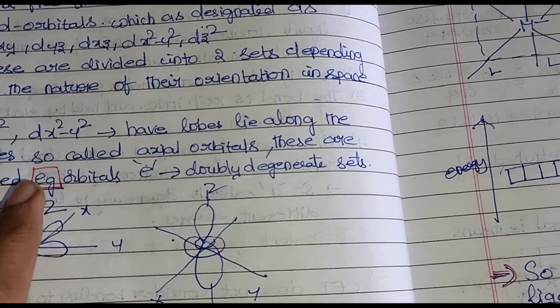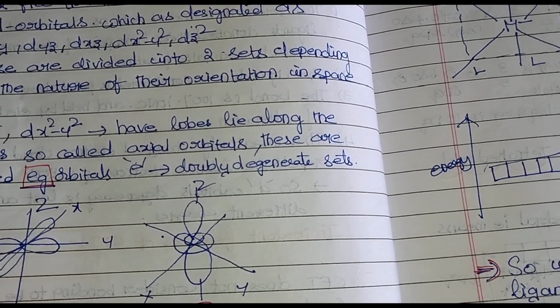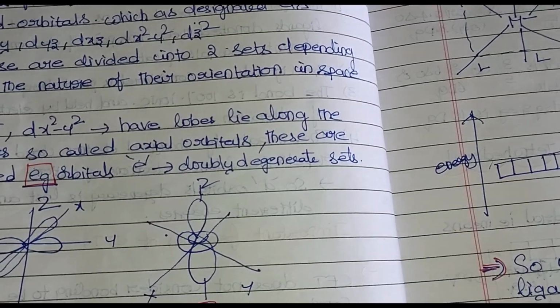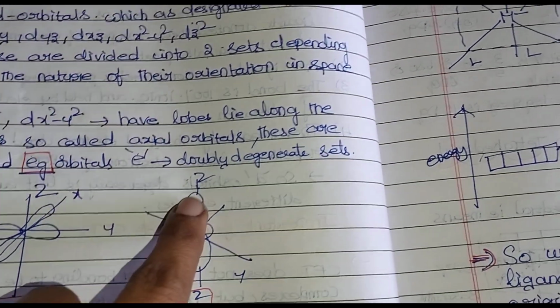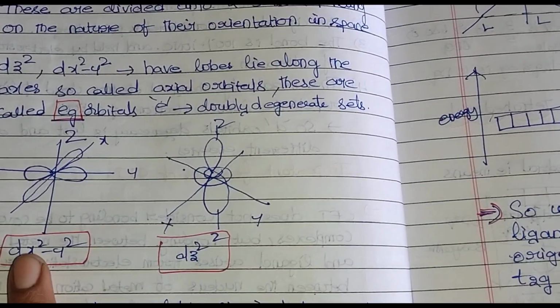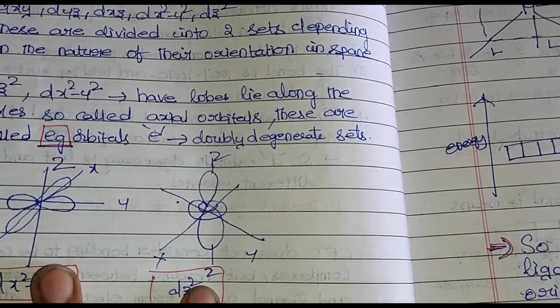E means doubly degenerate set. As they are a doubly degenerate set, they are called eg orbitals. So dx square minus y square and dz square, these two are called eg orbitals.